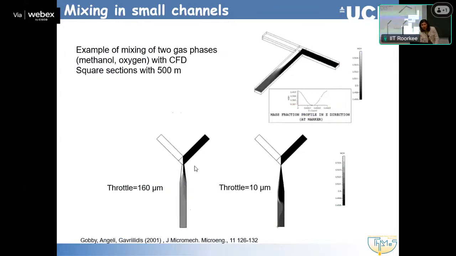But you can have variations of throttles here, because at this point we reduce a lot the thickness of the layers. Of course, this has to be also looked at against the pressure drop that is imposed, because if you have a throttle like this one, the pressure drop is much, much higher.